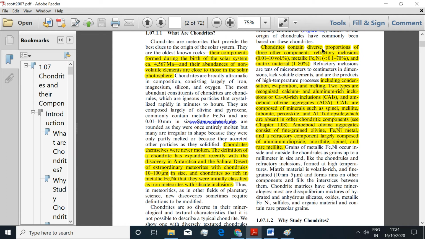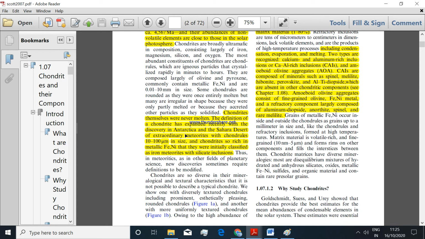And look at this, chondrites contain diverse proportions of the three components: refractory inclusions, metallic and matrix material. And the oldest component in the solar system is aged around 4.567 billion years. Most of the chondrules are smaller, but sometimes we do find some larger chondrules in them also.